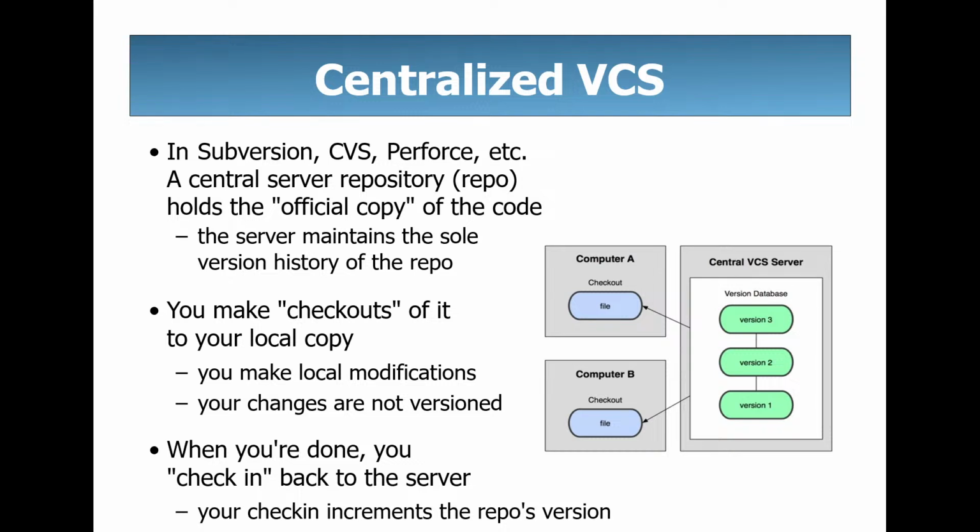Network dependency. Users must be connected to the central repository to commit or update changes. This can be problematic if the network is down or if users are working remotely. Limited offline work. Users cannot work effectively offline.